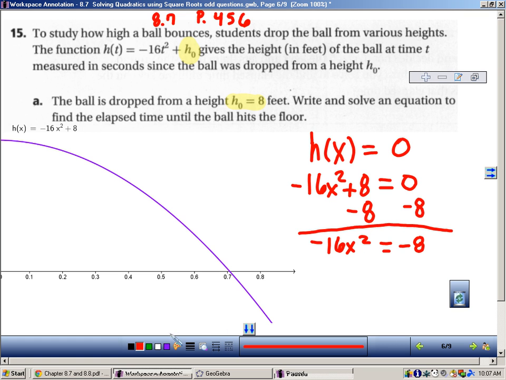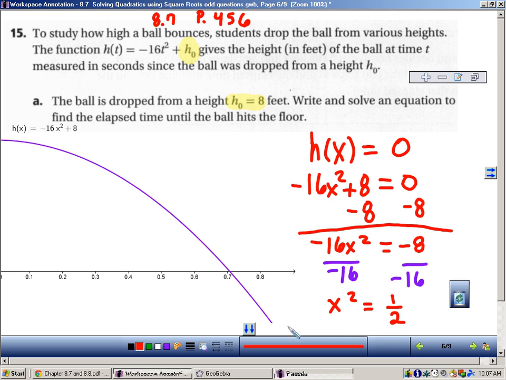You must divide by negative 16. One step at a time to isolate the variable x. So it's going to be positive, and I'm going to reduce it. 4 divides into 8 twice. Actually, 8 does go into 16. So it's positive 1/2.